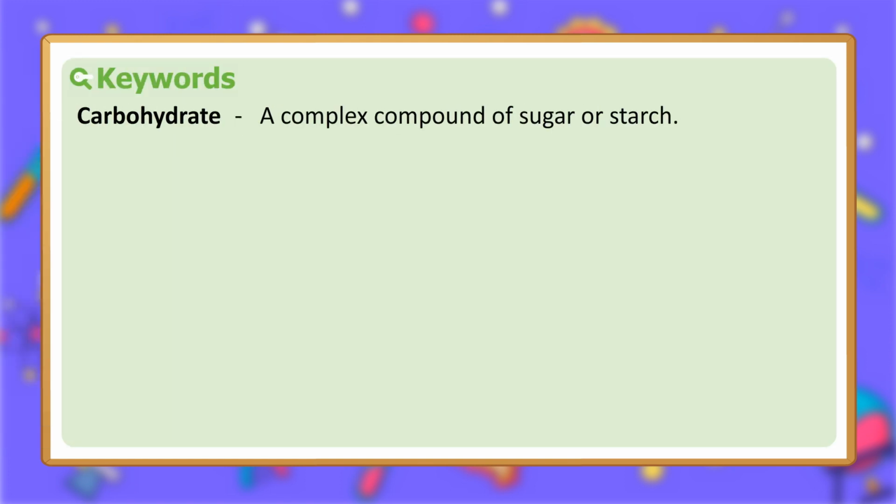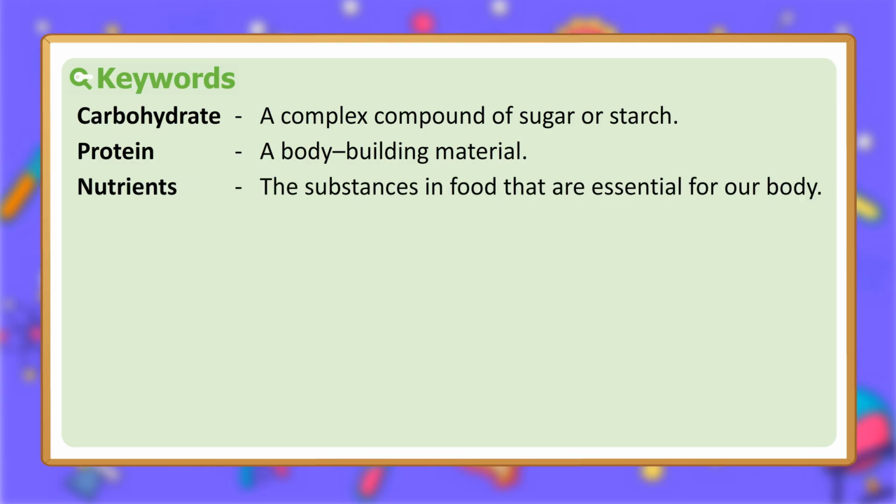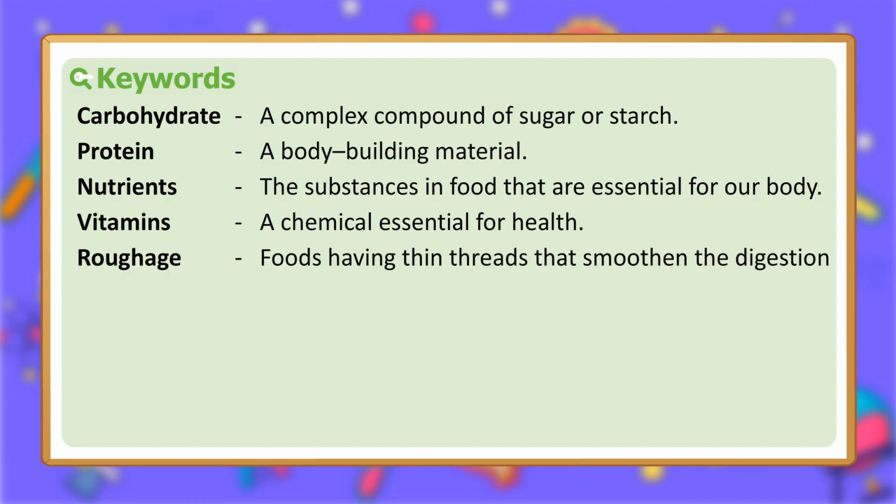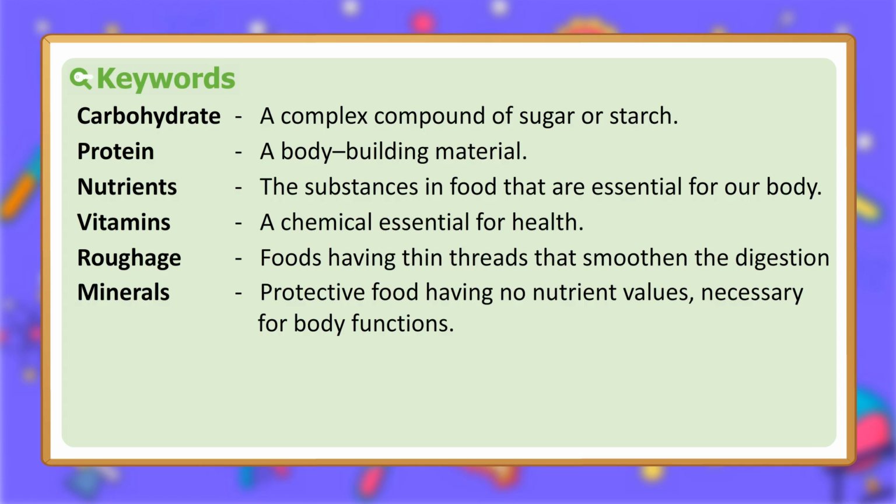Keywords. Carbohydrate: a complex compound of sugar or starch. Protein: a bodybuilding material. Nutrients: the substances in food that are essential for our body. Vitamins: a chemical essential for health. Roughage: foods having thin threads that smoothen the digestion.